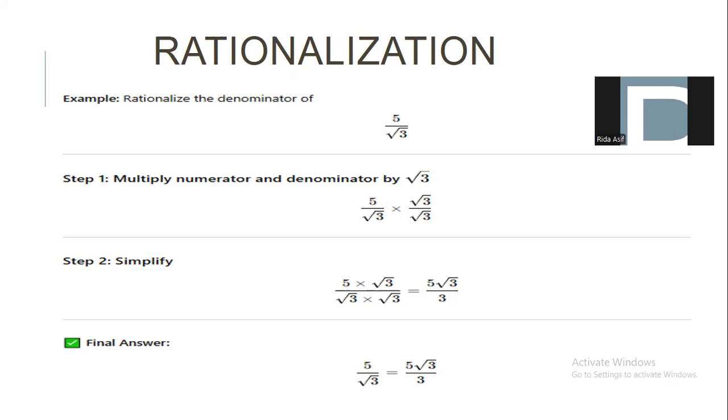So in step number 2, by simplification, we get in the numerator 5 multiplied by root 3, over root 3 into root 3.